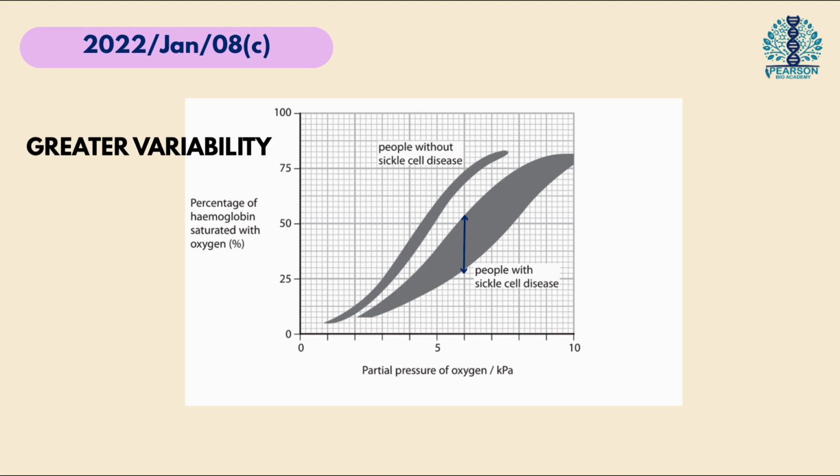For example, at the same partial pressure, like 5 kilopascals, different people with sickle cell disease show noticeably different saturation levels, like some above 30 percent and some below 25 percent. So there is high variability. But in people without sickle cell disease, the shaded area is much narrower, meaning less variation between individuals.